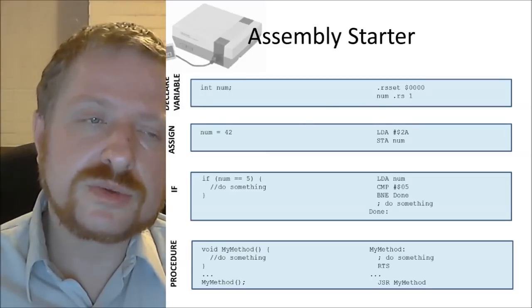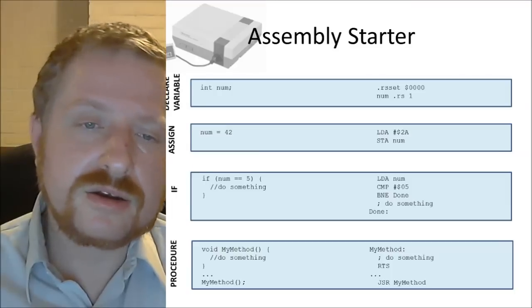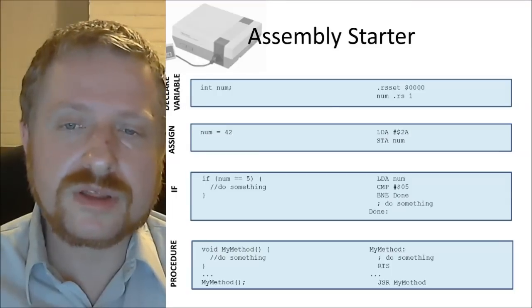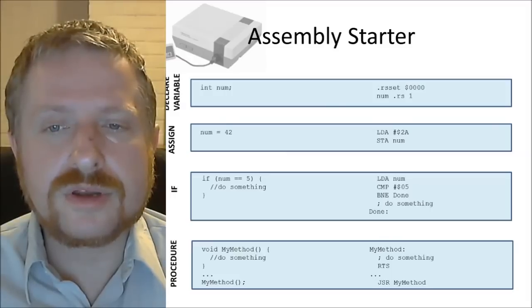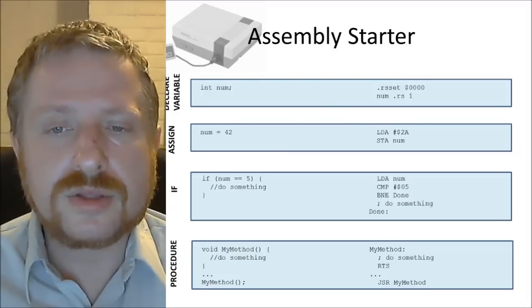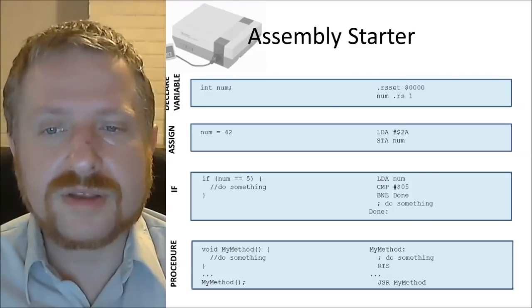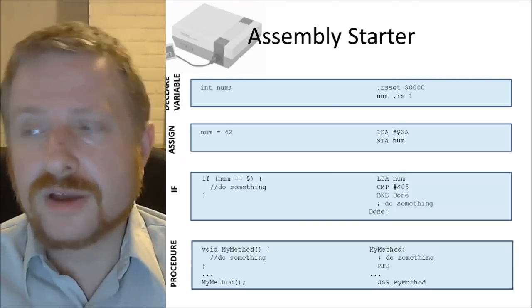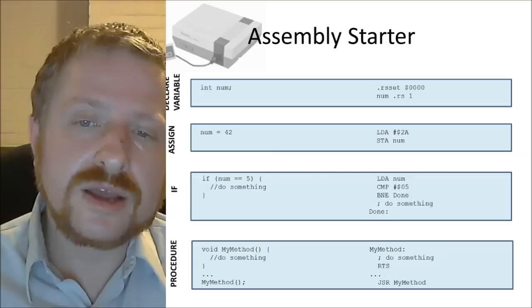In a traditional programming language, to assign a value, you do num, then an equal sign, then 42. To do the same thing in assembly, you do a load into your accumulator, then you specify that value. All values in this 6502 are in hexadecimal.